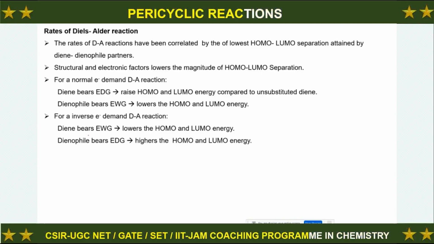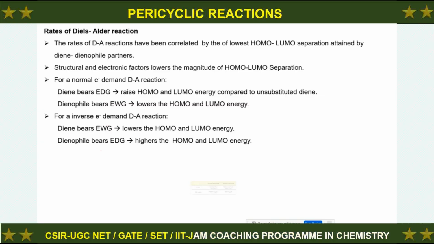The rising will help the interactions: if the HOMO is rising, then the LUMO of the dienophile can interact more easily. The same way, the dienophile bearing an electron withdrawing group lowers the LUMO energy. So an electron donating group raises the HOMO energy, an electron withdrawing group lowers it.